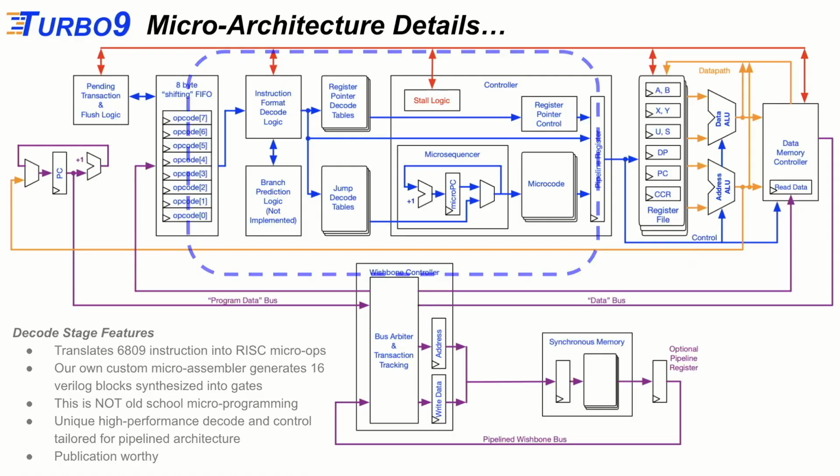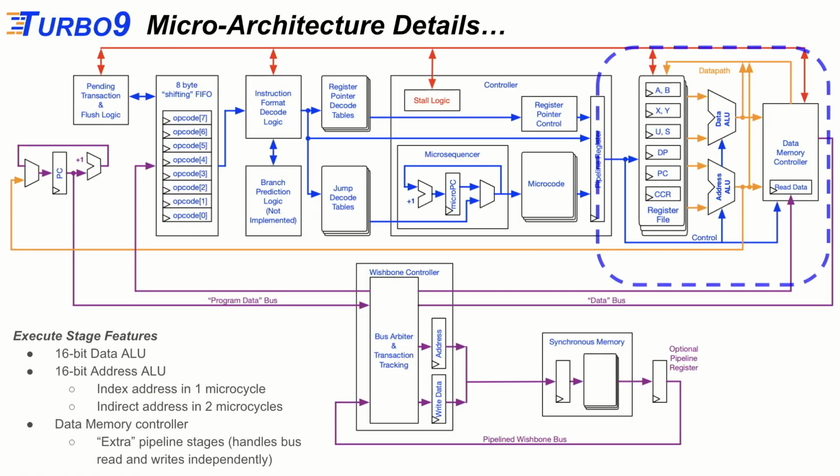So we are utilizing parallelism at the microcode level. We don't have a ROM. Everything gets synthesized down to gates because of the way we're breaking things down, and we're able to be more efficient that way. This is something that Mike wrote, the microcode assembler. So again, this is not old school microprogramming, and we think it's publication worthy. In fact, my current task is to finish a paper and get that published.